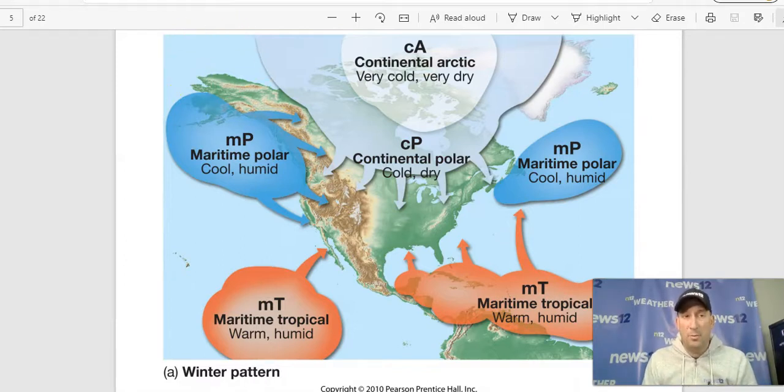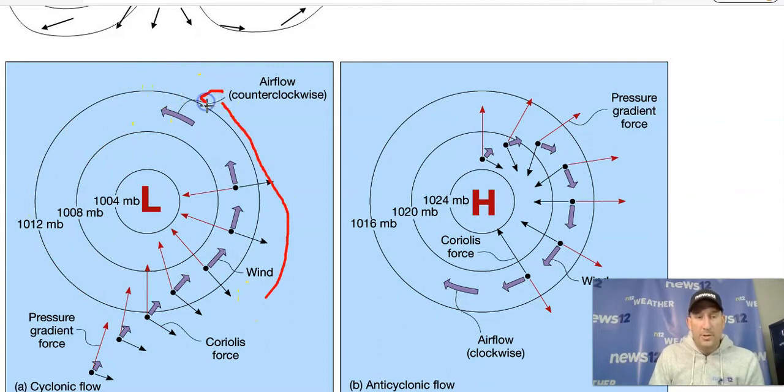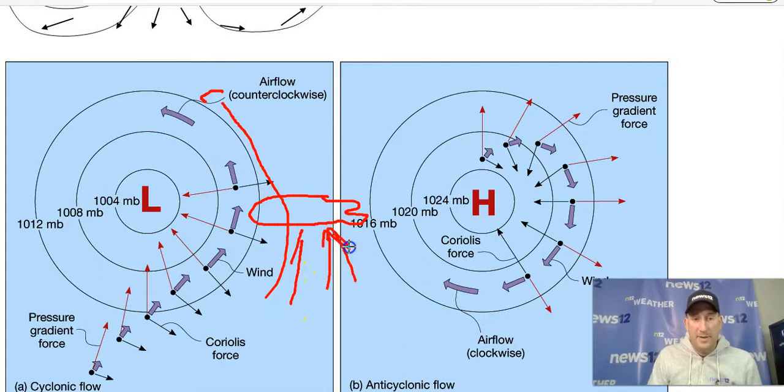Remember in chapter 6 when we were talking about the wind flow around high pressure and low pressure. So what we watch here is, here's low pressure, counterclockwise wind flow. Counterclockwise wind flow around low pressure. So if this was Long Island, and low pressure was to your west, your wind flow would be generally from the south, kind of southeast.